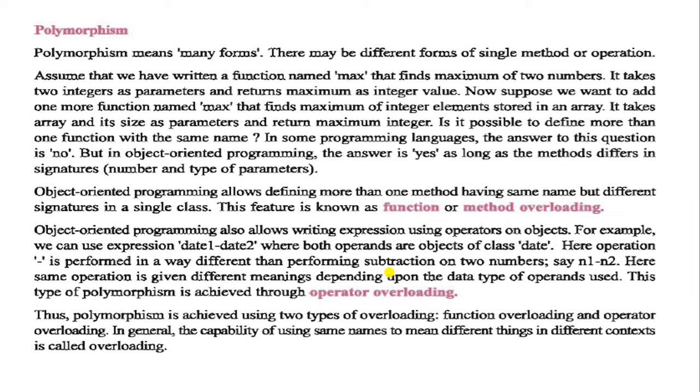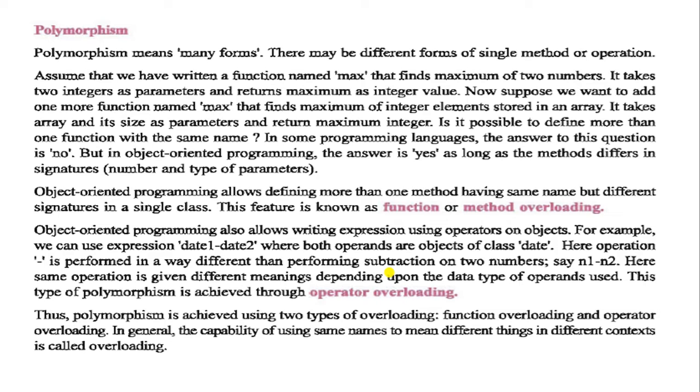Now another point is polymorphism. Polymorphism means many forms; the name itself suggests it. There may be different forms of a single method or operation. Let's see one example. Assume that we write a function named max that finds the maximum of numbers.